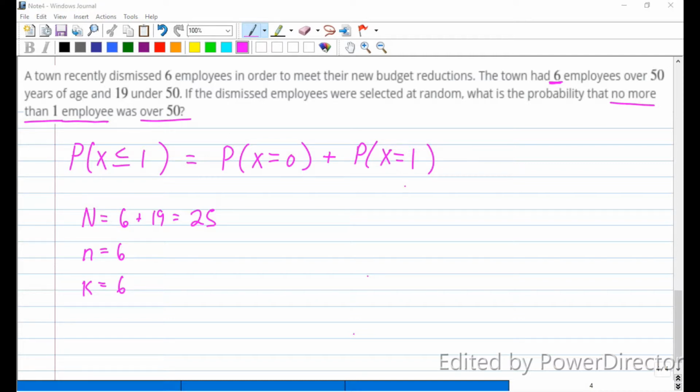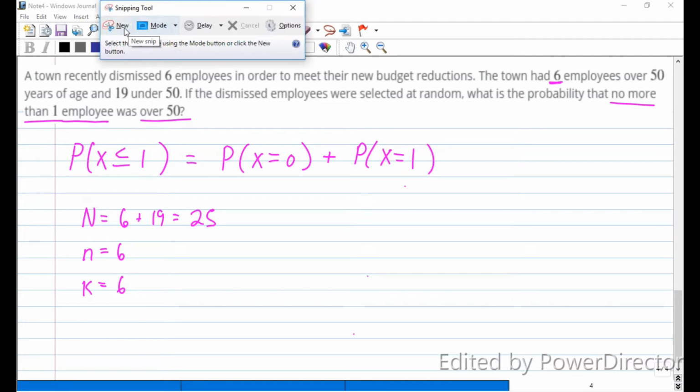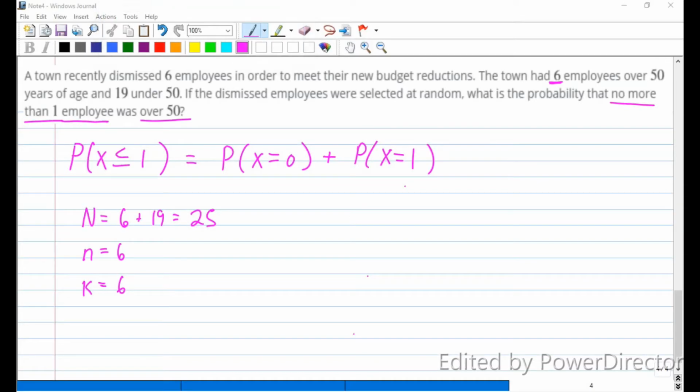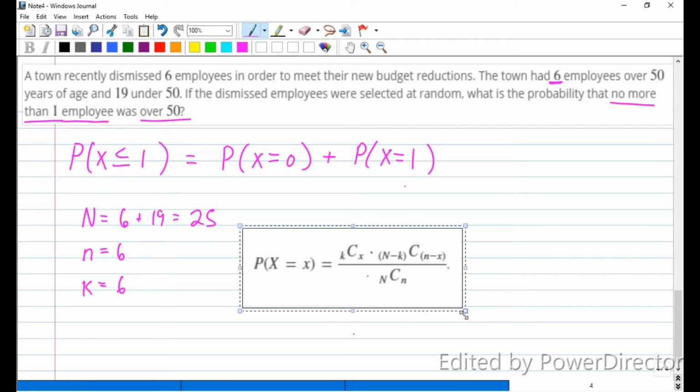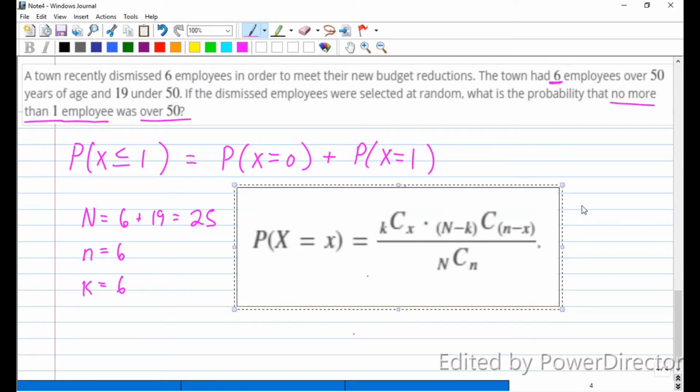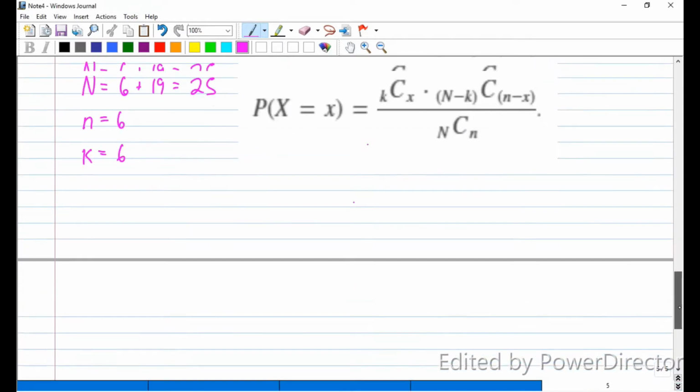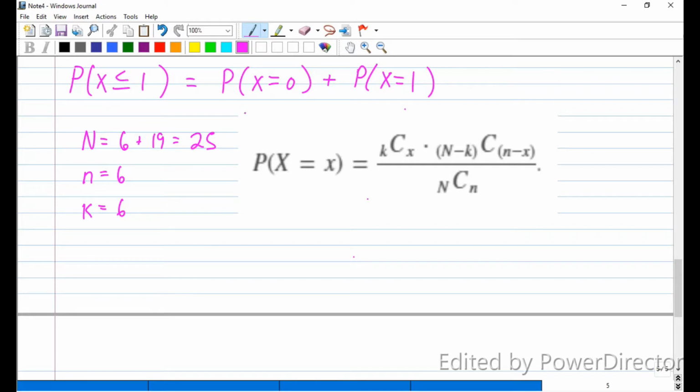All right, so now we want to use our formula. Remember our formula? We're going to use it twice because we have to add up x equals 0 and x equals 1. So here's our formula. I'm going to do 2 problems. First, I'll do x equals 0.